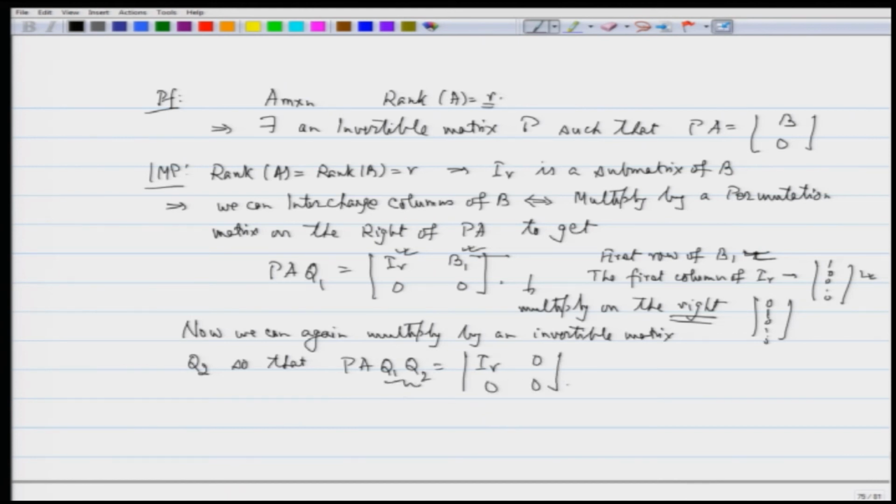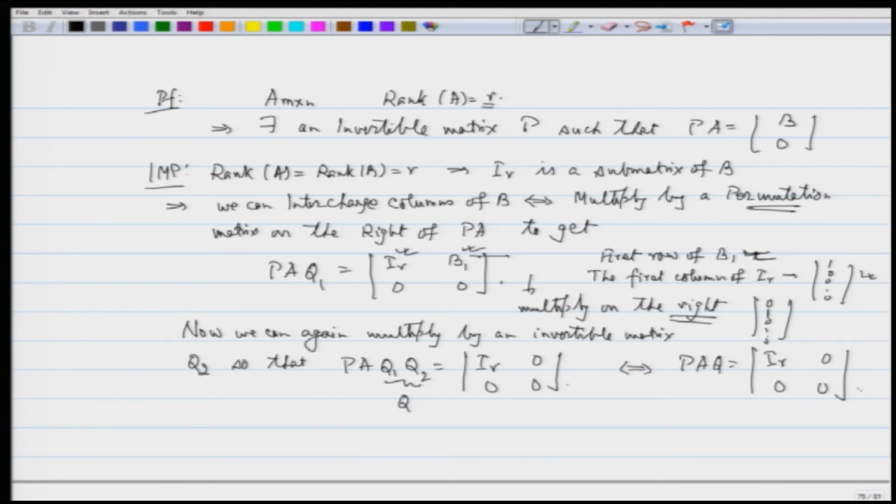And this Q_1 was the matrix Q that we looked at, because Q_1 is a permutation matrix. Permutation matrices are invertible, not only that, their inverse is the transpose itself, and Q_2 is invertible. So, Q_1Q_2 is invertible. So, therefore, we have got here PAQ is equal to I_R 0 0 0, all right. I will take 5 more minutes to just explain to you what is the implication of this.